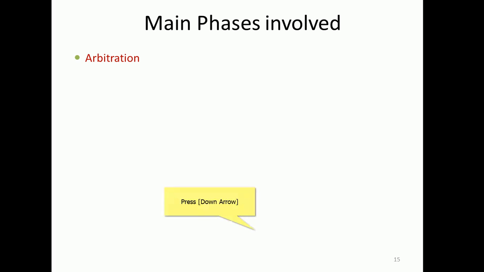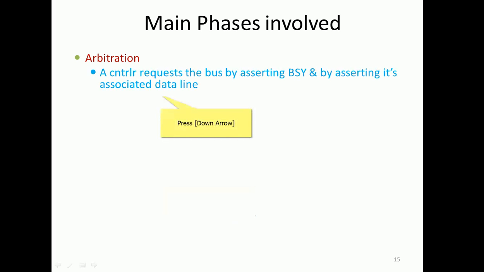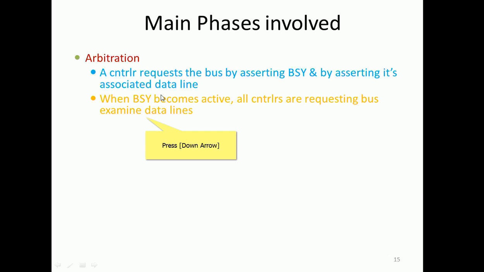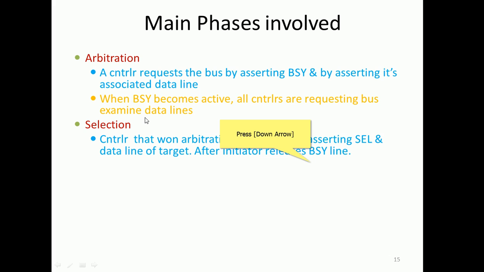There are important phases that happen. First, arbitration in the SCSI mechanism. A controller requests the bus by declaring bus BSY and by asserting its associated data line. When bus BSY becomes active, all controllers requesting the bus examine the data lines. Then selection: the controller that wins the arbitration selects the target by setting select and the data lines of the target.